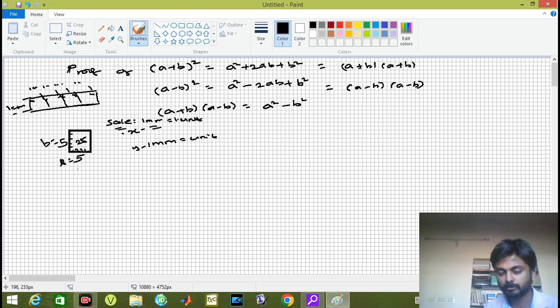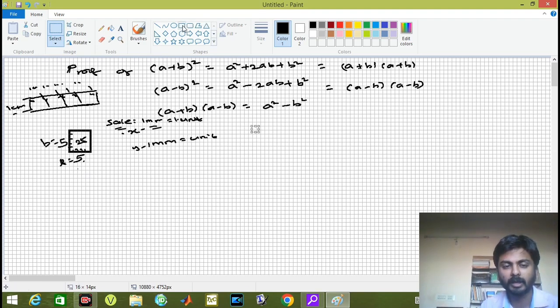So if I take length as 5 and breadth as 6, now this is a rectangle.